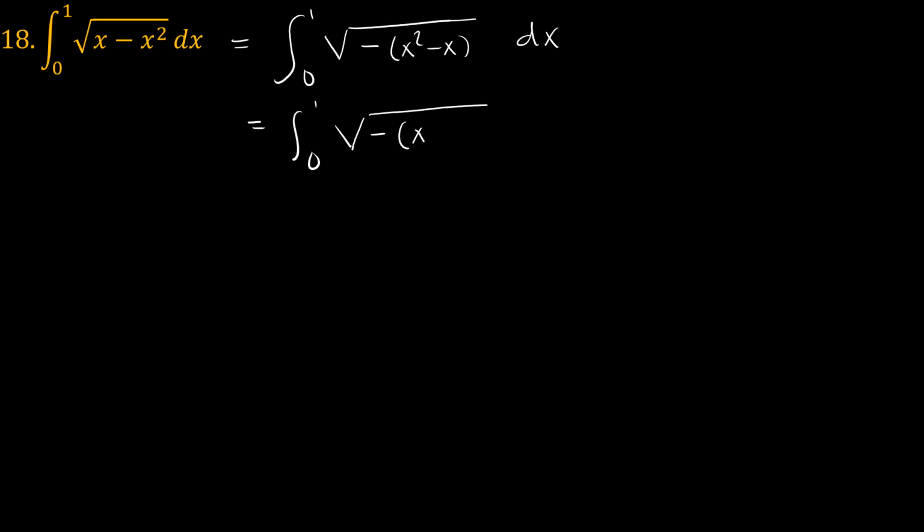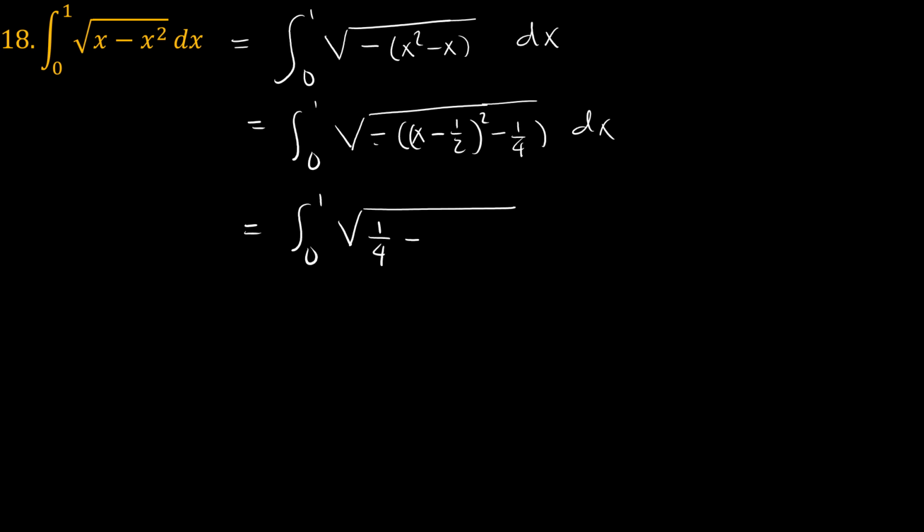Let's try to express it as a square, so this is x minus a half, squared, minus a quarter. This is the same as the integral from 0 to 1 of the square root of, the negatives interact, so we have positive a quarter minus x minus a half, squared.